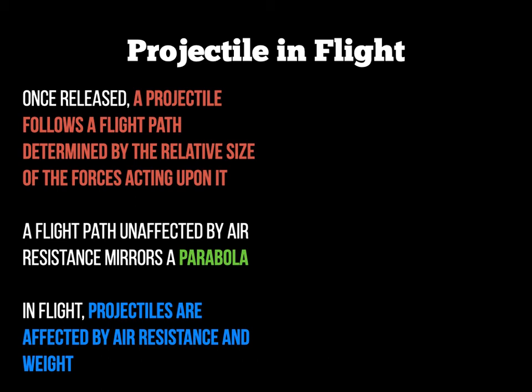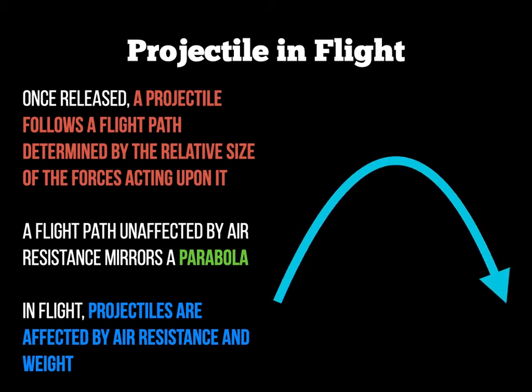And so, as we just mentioned, the classic shape of a flight path diagram is something we call a parabola, which you can now see on the screen. That is a parabola shape.